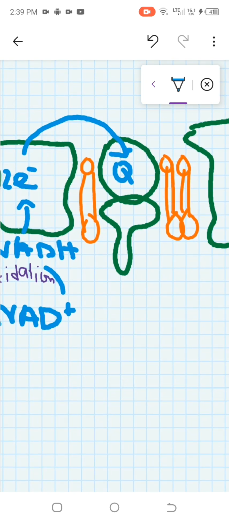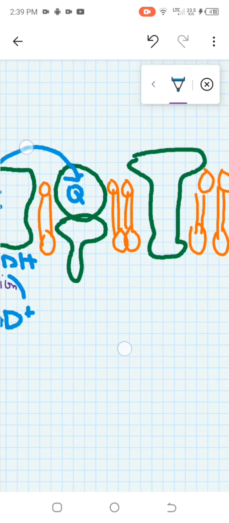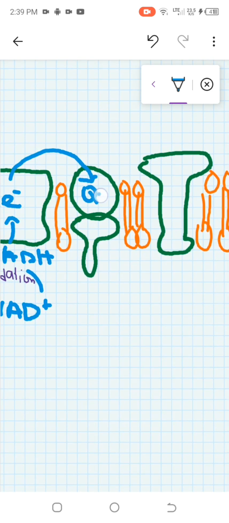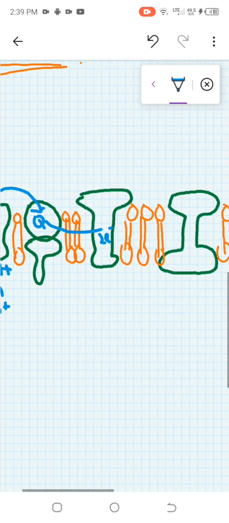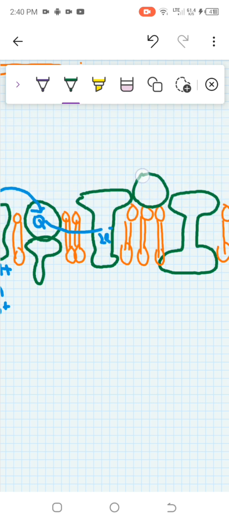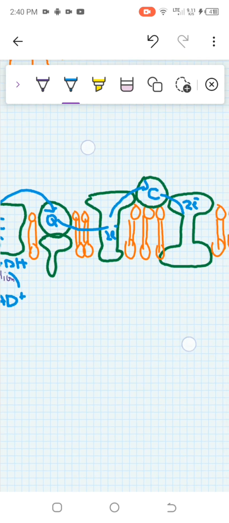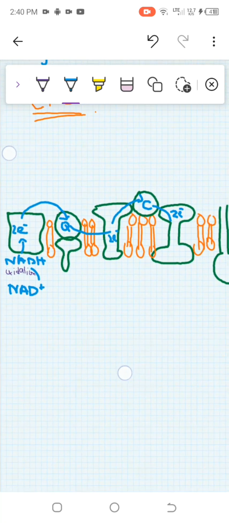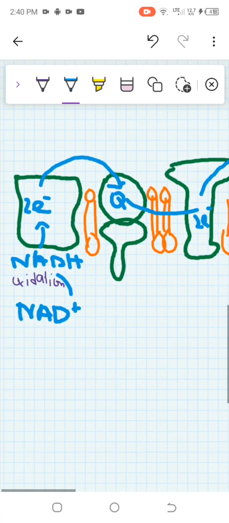After that, the electrons will go to complex 3, and complex 3 will send these two electrons to cytochrome C, which is again an electron carrier, and from that the electrons will go to complex 4. So here the electrons are transferred. Now when one NADH is broken, what will it release?